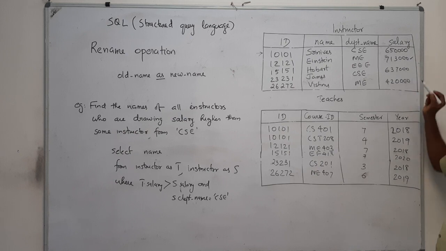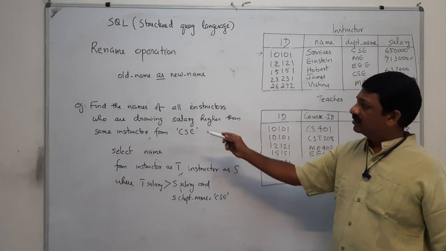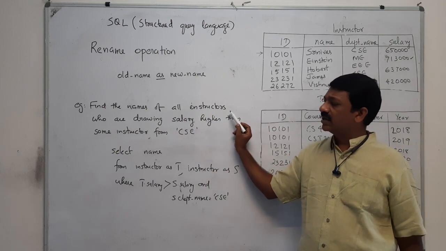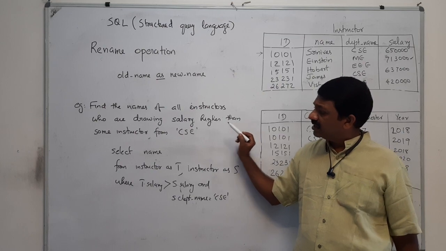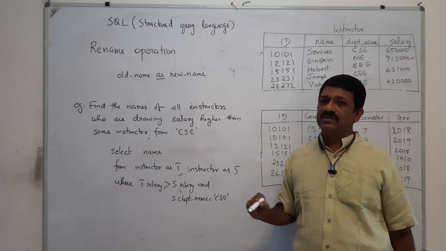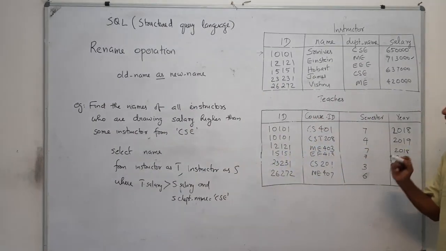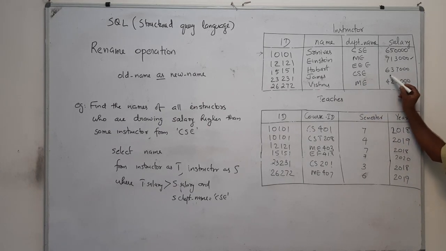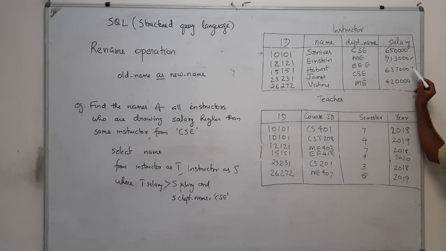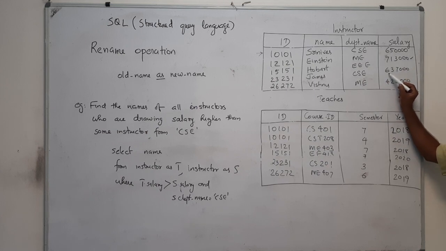Some instructor here means James, who is drawing the least salary in the computer science department. So every instructor who is drawing a salary greater than 6,37,000 will qualify.